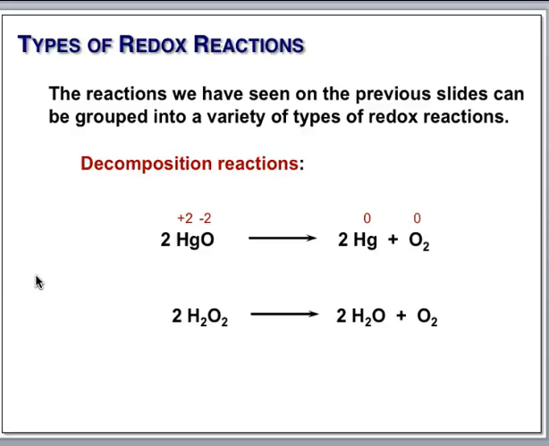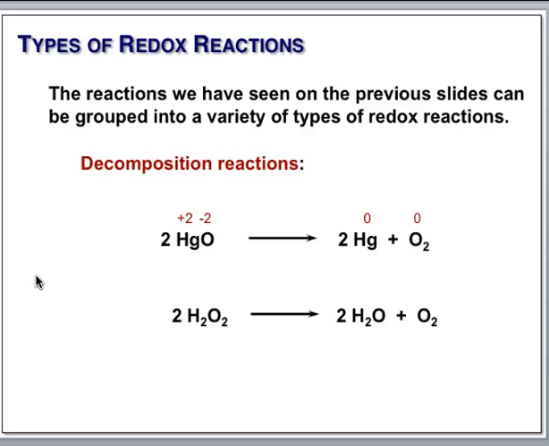How about hydrogen peroxide? If we did what we've been trained to do so far and say oxygen is -2, every hydrogen would have to be what? +2. It can't be. It's only got 1 electron. That's why it's higher up on the list than oxygen is.